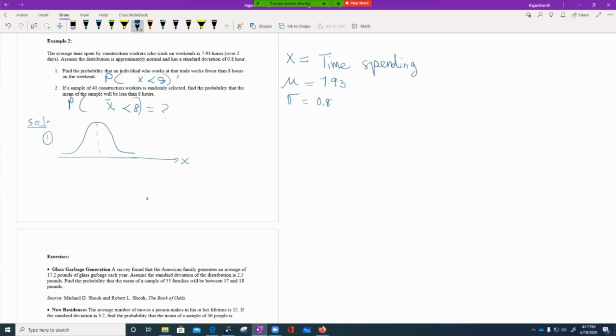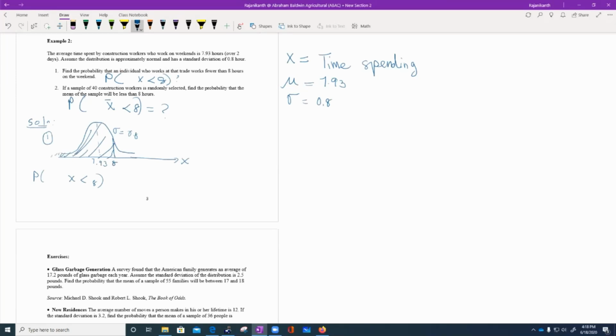If you look at the midpoint, the mean of the original variable x is mu, which is 7.93, and the standard deviation for this problem is 0.8. The question now, first part, is finding the probability of x less than 8. Remember the probability means nothing but the area under the curve. So 8 will be somewhere here. Therefore, we need to find the probability of being less than 8. Less than means the left side of 8. So you need to find this area.